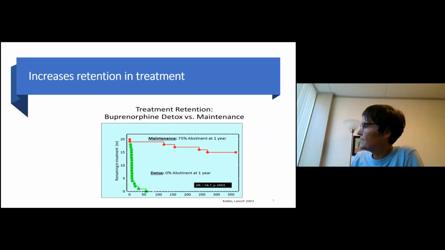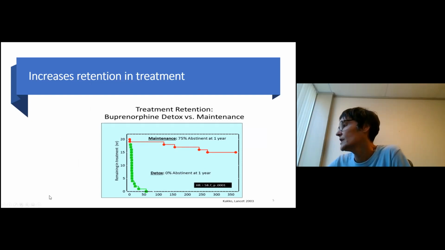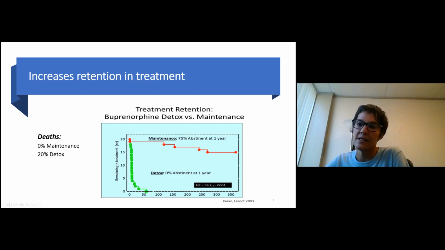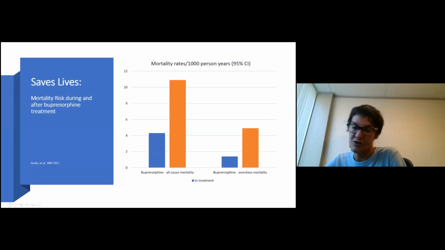Those in maintenance, almost all of them remained in treatment, and 75% were not using illicit drugs by the end of the trial. And more importantly, there were no deaths in the maintenance group, and 20% of those who were detoxed using bupe were dead by the end of the trial. So it's also life-saving, which is the most important thing.